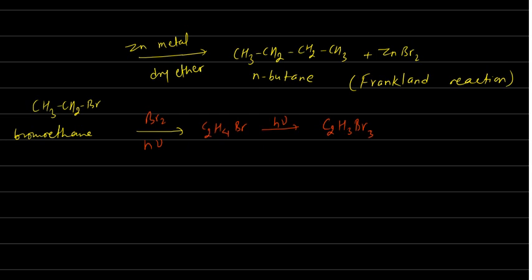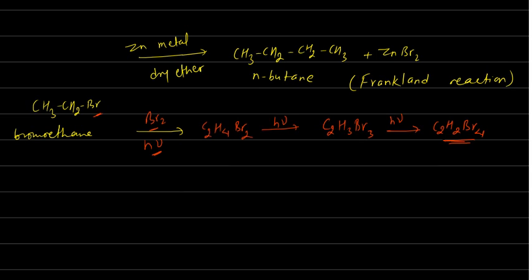Like here, when reacted with Br2 in the presence of sunlight, the bromine forms Br radicals, and in the presence of sunlight again it gives Br3 here, and again in the presence of sunlight it further gives C2H2Br4. Here the number of bromine atoms is increasing.